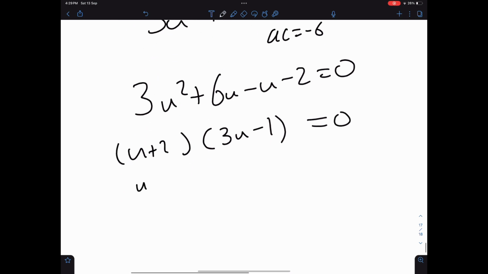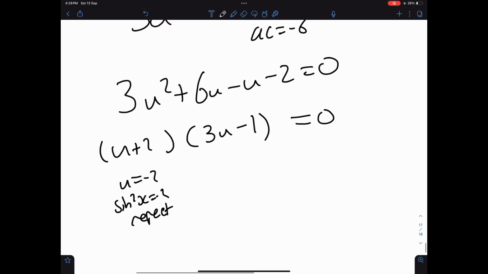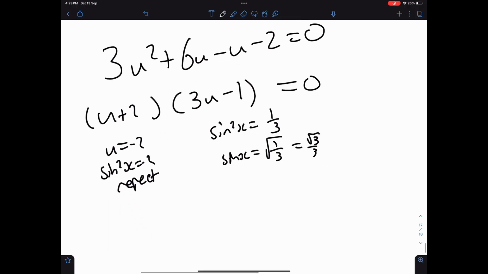And then we'd see, okay, u is either minus 2, which is sine squared x equals minus 2, which we'd reject because we don't do complex numbers in AS. And then we'd see sine squared x equals positive a third, and sine x is root of 1/3, which is root 3 over 3.